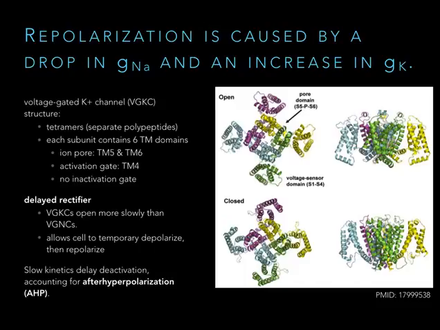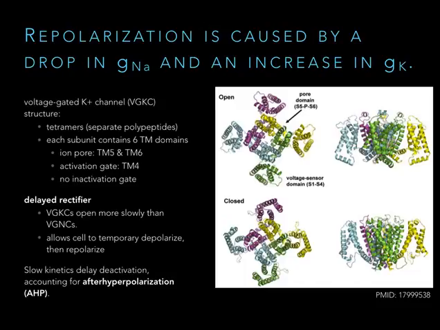The fourth transmembrane domain is the activation gate. But because this is made from 4 different polypeptides, there's no intracellular loop to act as the inactivation gate, and so voltage-gated potassium channels don't inactivate. Instead, they just open more slowly than voltage-gated sodium channels. And that's why we call them the delayed rectifier.